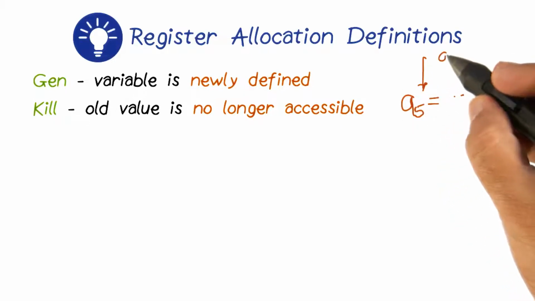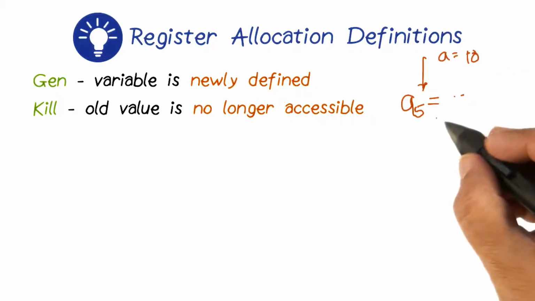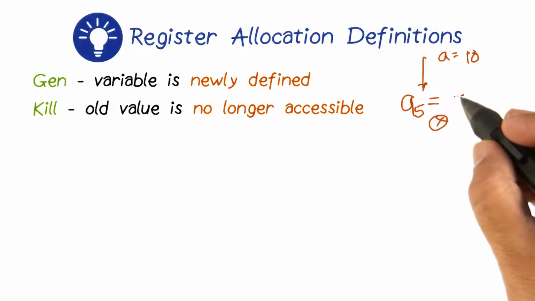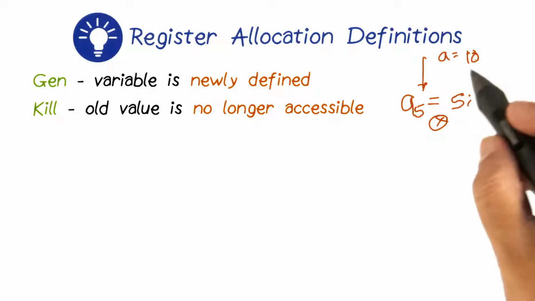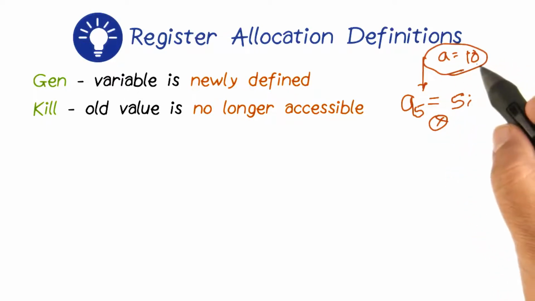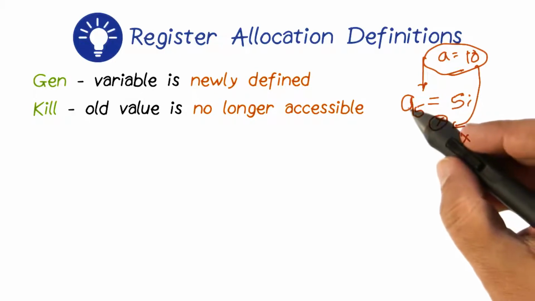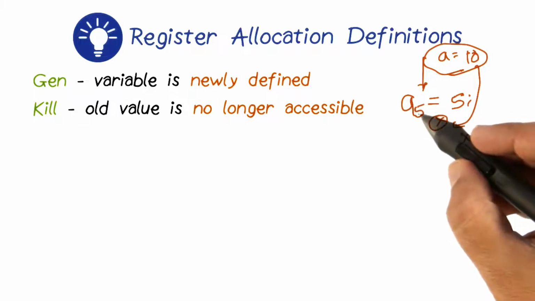So if there is an A defined over here carrying a value 10, and if we look at what value A is carrying here, and A5 is equal to 5, then you can see that this definition of A equal to 10 is no longer available here because it is killed by this definition of A. Remember, A5 is just our nomenclature.